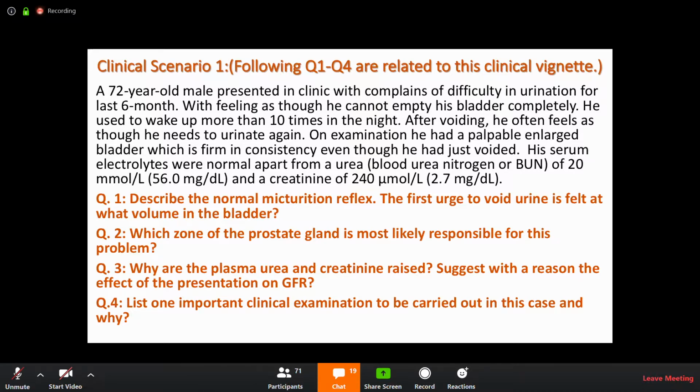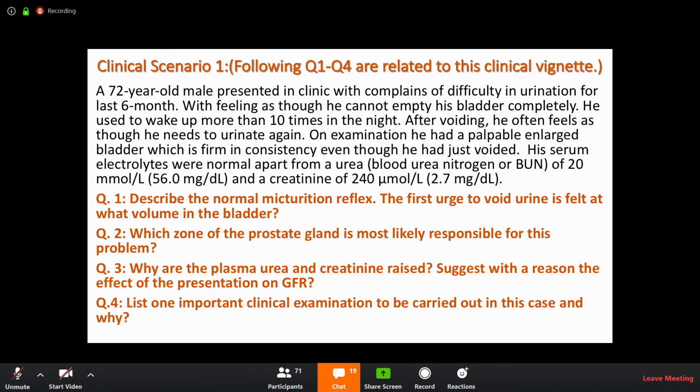So if you're looking at a normal creatinine level of around 1.1, say, let's just make it 1, the normal glomerular filtration rate would be about 125 milliliters per minute. Now, if you notice in this case, this guy has a creatinine level of 2.7. That means his glomerular filtration rate has decreased by half.